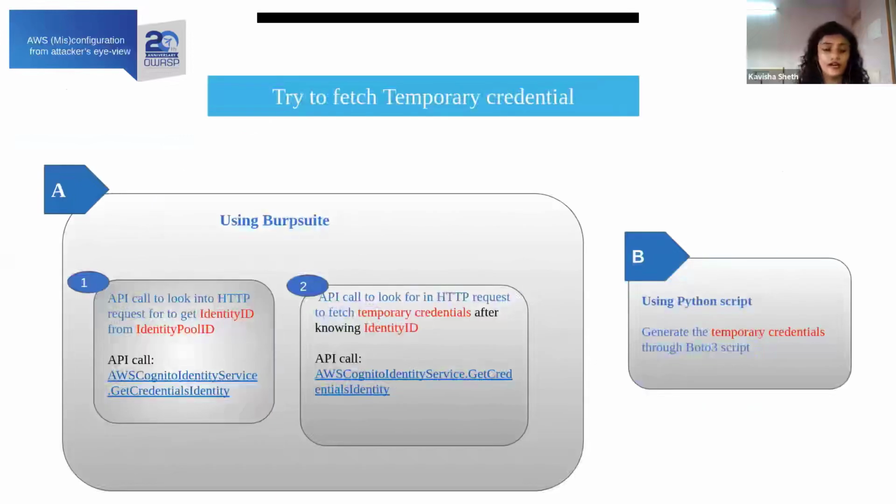For that, I suggest you try to fetch temporary credentials. You must be wondering how you can do that. There are two ways: either you can use Burp Suite, or you can use a Python script where you explicitly mention the pool ID and the region, and you will get the temporary credentials. If you don't want to go for the Python script, you can use Burp Suite: look for the HTTP request that has the identity pool ID and try to get the identity ID.